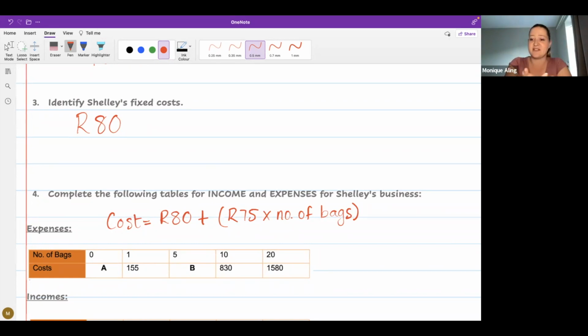Okay, so that's just a general formula to help us work out the expenses. I mean, you don't always have to set that up. If you knew how to work out A in your head, then that's fine. But just to explain the scenario to everyone. Okay, so keeping that formula in mind, please can I ask you guys to work out A and B for me.